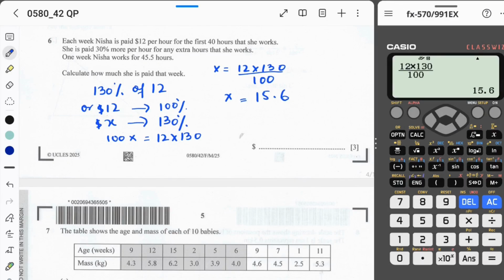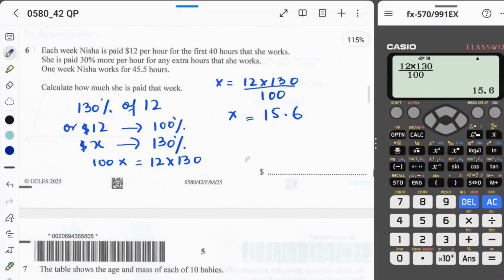All right, in this question, it's given that for 40 hours she is paid $12 per hour. So we have found that $15.6 is the amount for 1 hour of extra work. So 40 hours means 40 times 12. Then the total is 45.5 hours, so the remaining time will be 5.5.